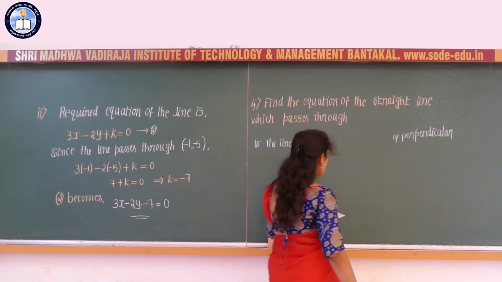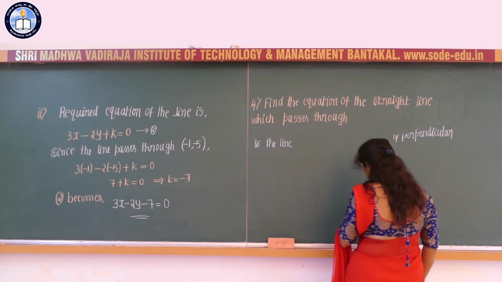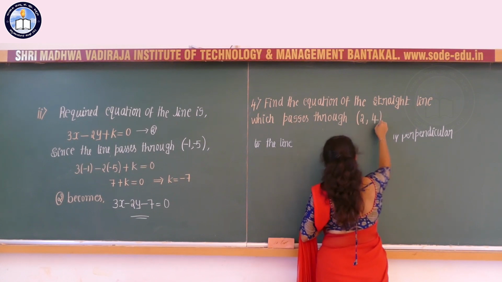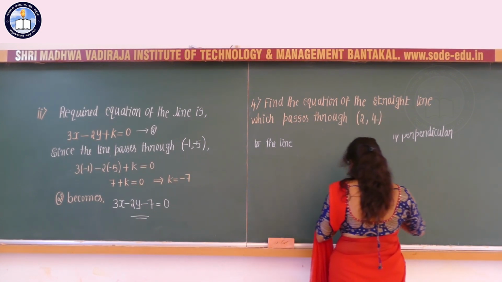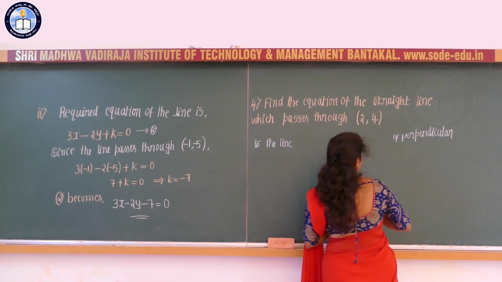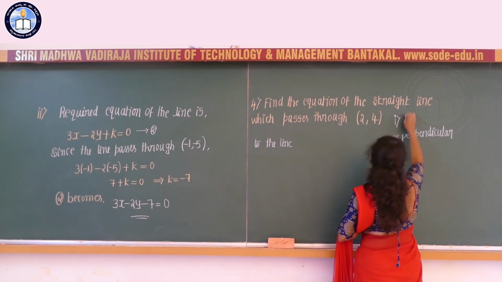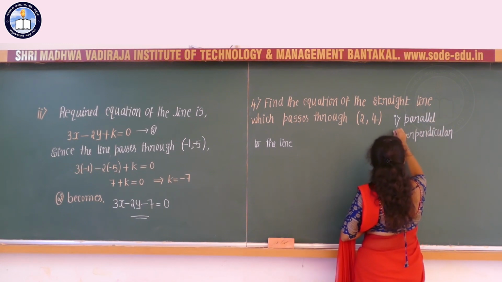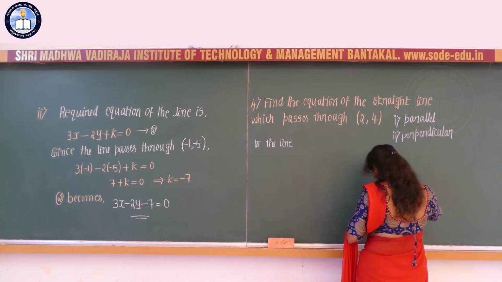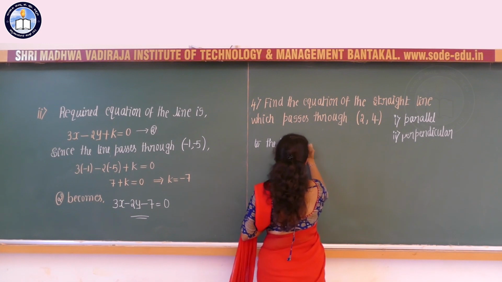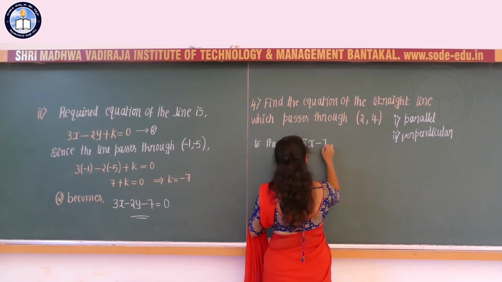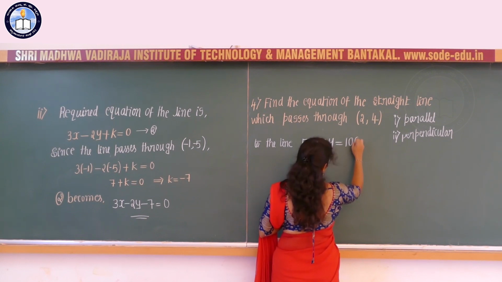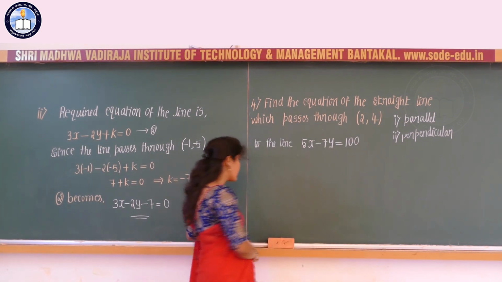Find the equation of the straight line which passes through the ordered pair (2, 4), and that is parallel to, in the first question, and perpendicular to, in the second question, the line whose equation is 5x minus 7y is equal to 100.